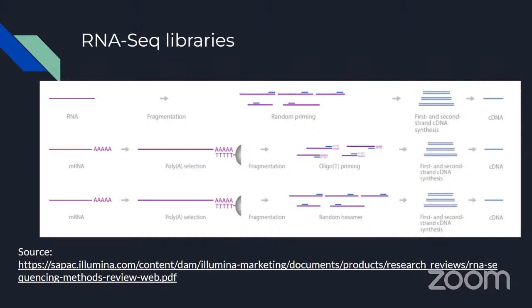The first step is to isolate all the RNAs. There are two kinds when you create an RNA-seq library. One is a total RNA-seq library, where you have ribosomal RNA, mRNA, tRNAs, and several other small RNAs.